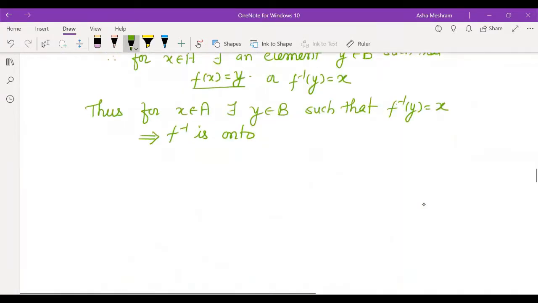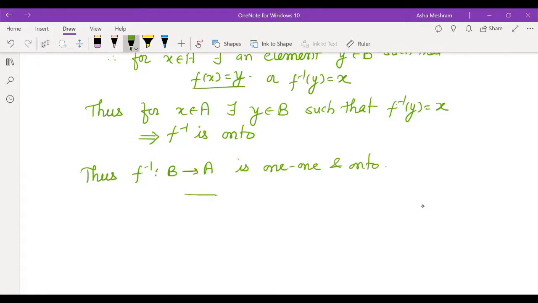So thus f inverse mapping from B to A is 1-1 and onto. Here we proved the theorem.